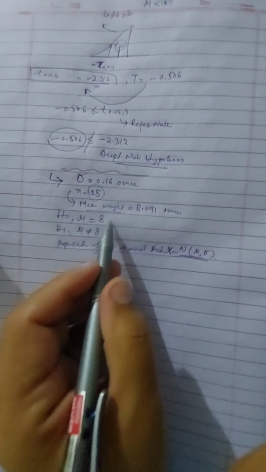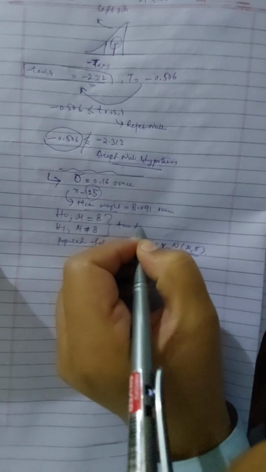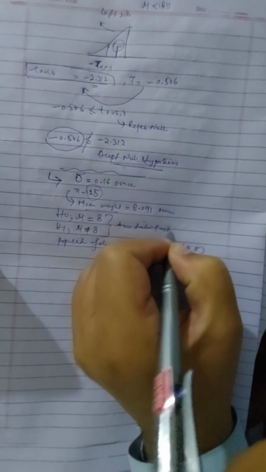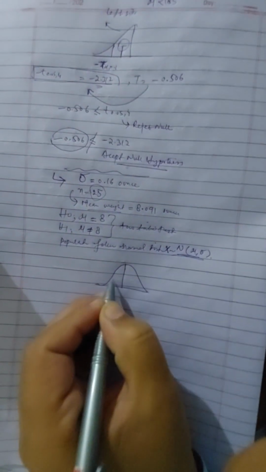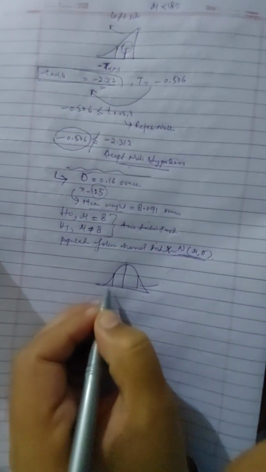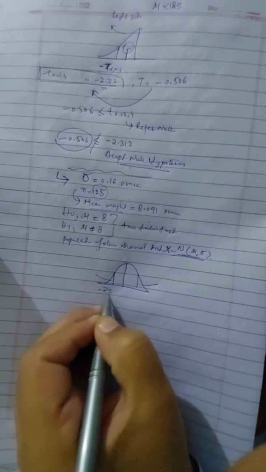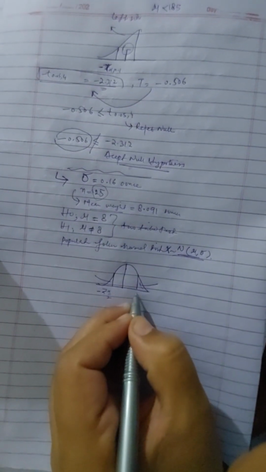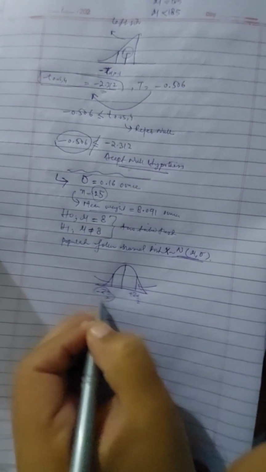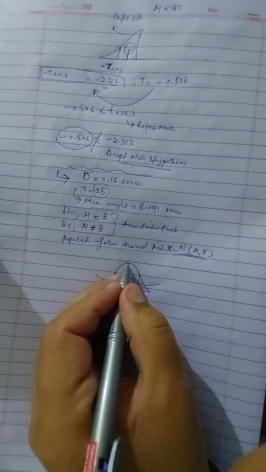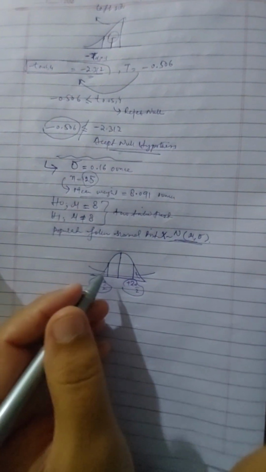Now this is the case of the two-sided, two-tailed test, because it is going on both the sides, on this side as well as on this side. On the left side it is minus z alpha by 2, and on the right hand side, it is plus z alpha by 2. These are the critical z values which will be compared with the z statistic that we find over here.